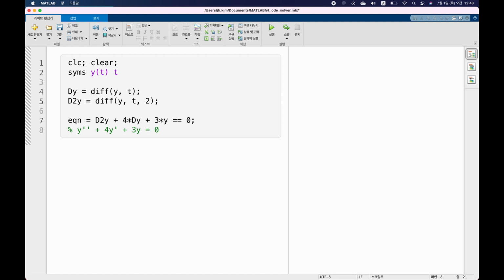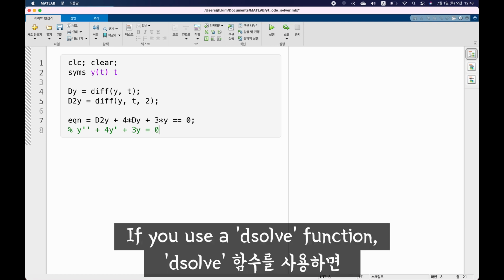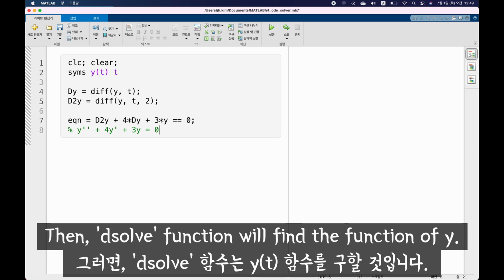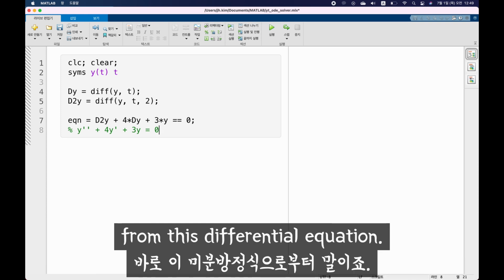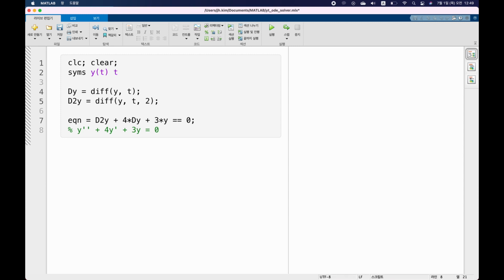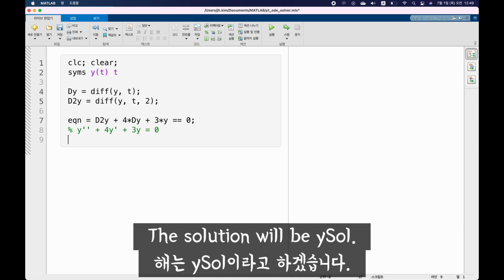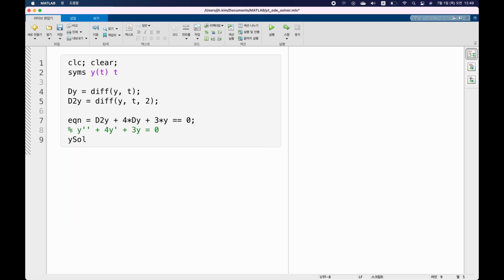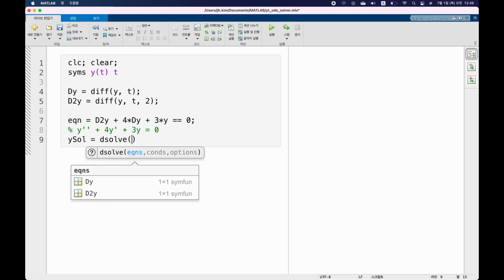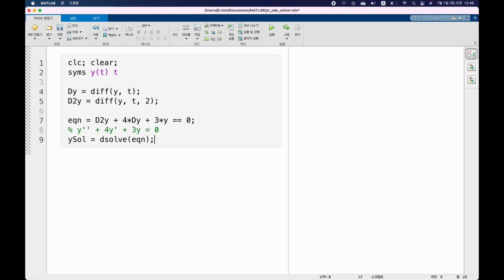So if you use the dsolve function, then dsolve will find the function y from this differential equation. Okay, so the solution will be y = dsolve(eqn), like this.